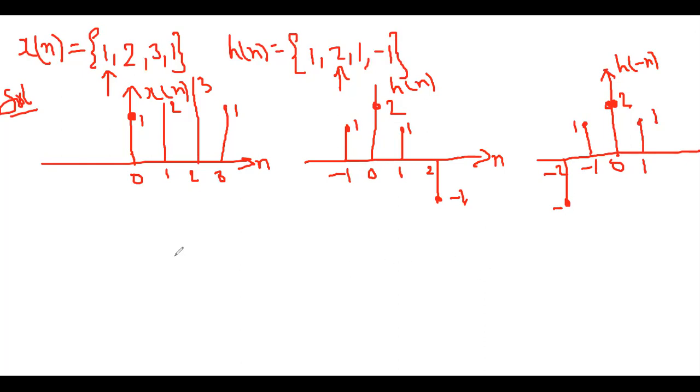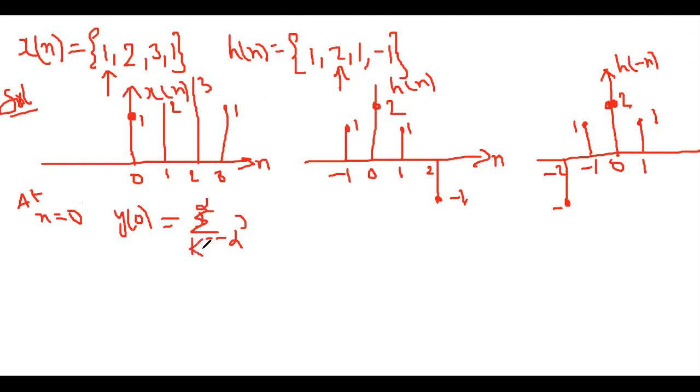Okay. At n is equal to 0, y of 0 is equal to the sum over k from -infinity to infinity. Not n, my dear students, it is k.